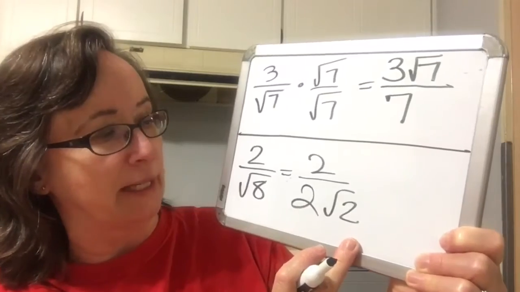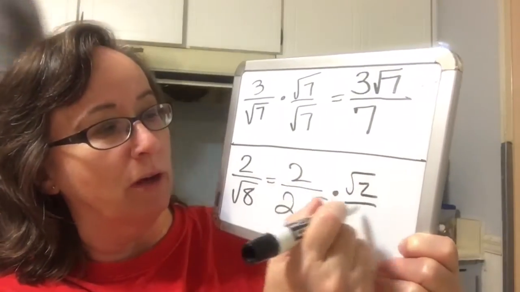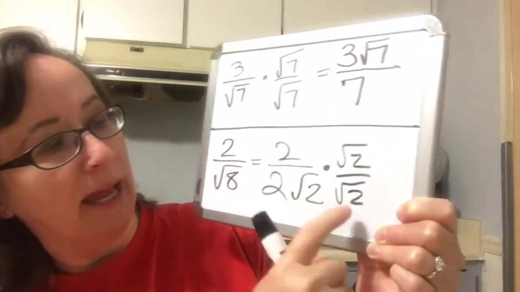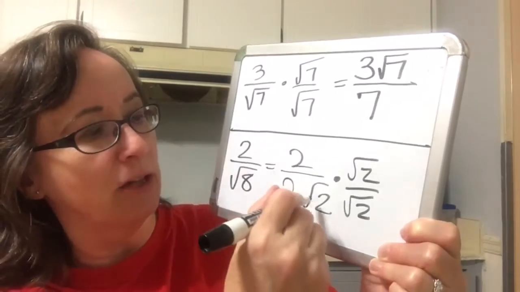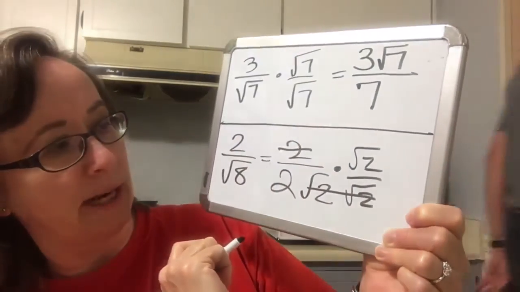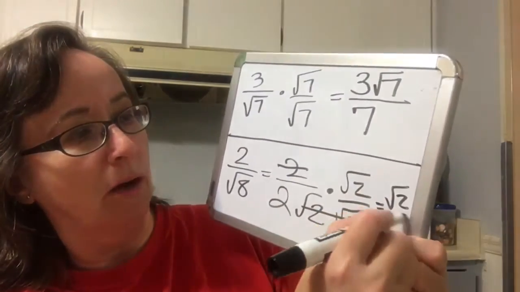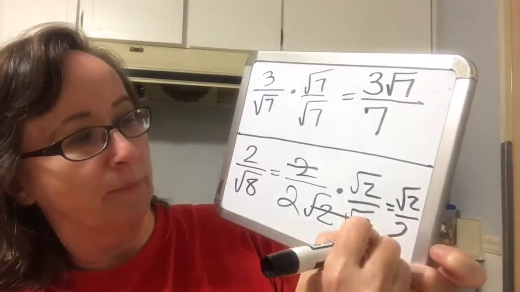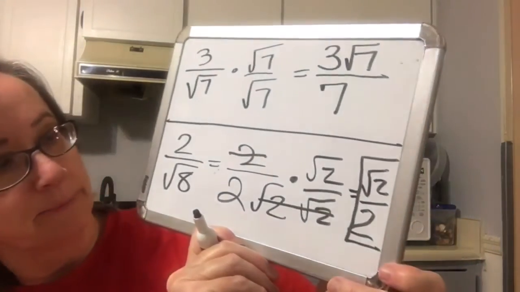We haven't multiplied by anything. And now we'll multiply by the square root of 2 over the square root of 2. And then the square root of 2 times the square root of 2 is a 2, and that 2 is going to cancel with this 2 upstairs, and we wind up with the square root of 2 over 2. And that is the simplified answer.